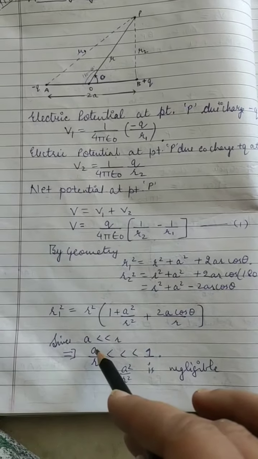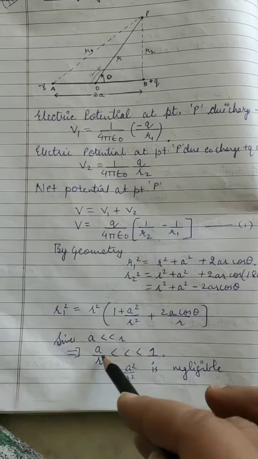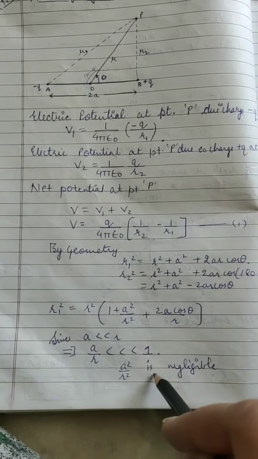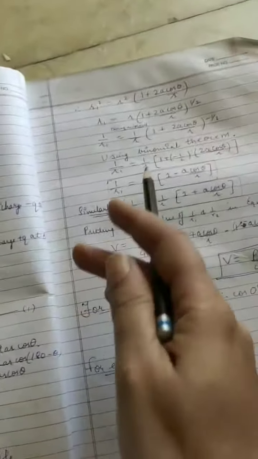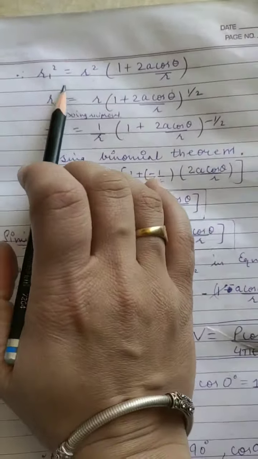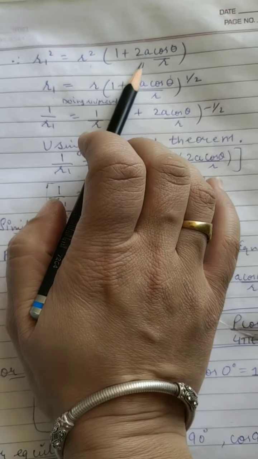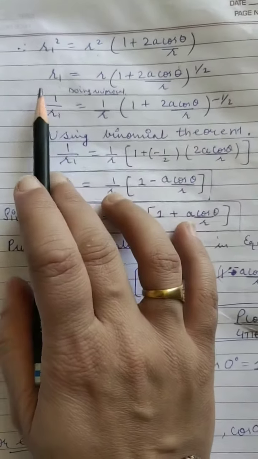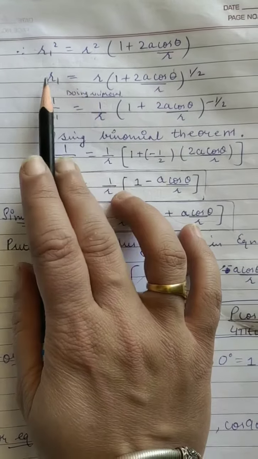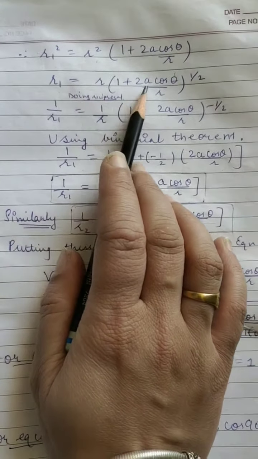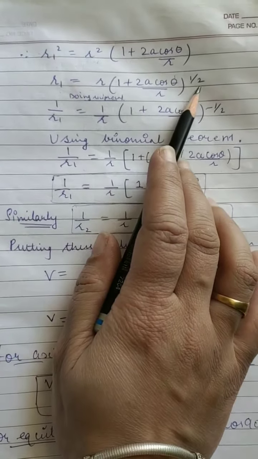We consider a to be very small compared to r, so a square upon r square is negligible. So r1 square is equal to r square times 1 plus 2a upon r cos theta. Taking the square root, r1 is equal to r times 1 plus 2a cos theta upon r, raised to the power 1 by 2.